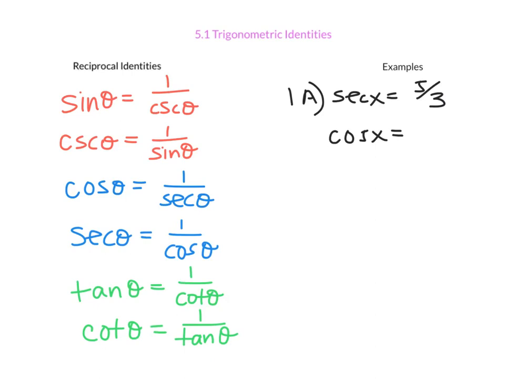But please don't write 1 over 5/3. That's just unnecessary. We don't need to do that. All we need to do is take the reciprocal. So the cosine is 3/5. It is worth pointing out that let's say the secant was negative, the cosine would also be negative.